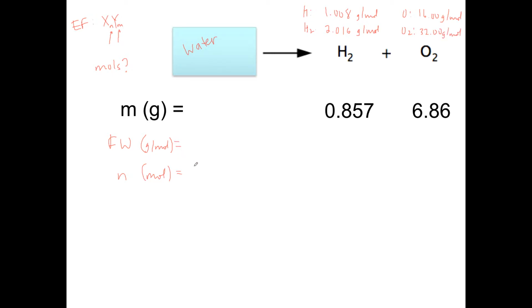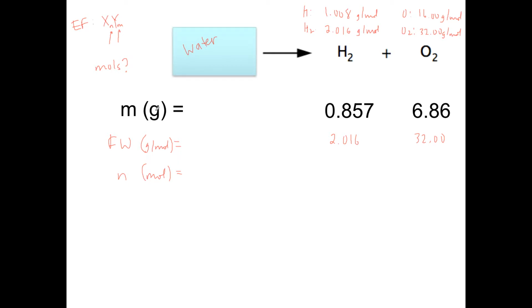Okay, so this is 2.016 and this is 32.00. I want you to notice how I'm laying out my problems. I do this so that I don't lose things, and so I always have an awareness of where I am. I'm aligning my equal signs. I'm going from mass to formula weight to moles.